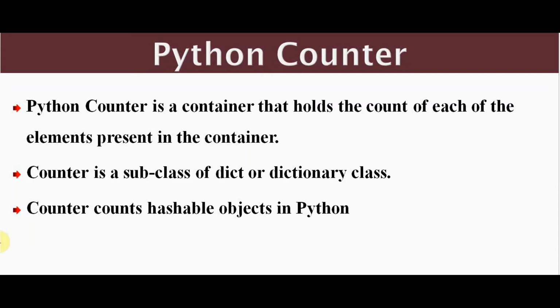And Counter counts hashable objects in Python. This hashable object means that it has a hash value which will never change during its lifetime. Any immutable object like integer, boolean, string, tuple is hashable. That is, its value will not change during its lifetime. This Counter class has a hash method and some other methods to compare with other objects.